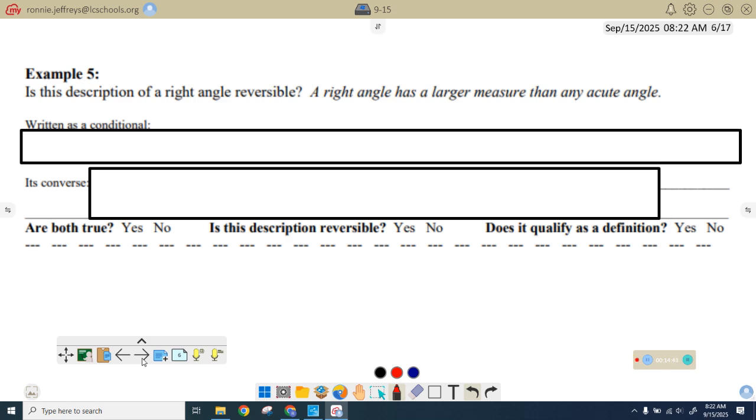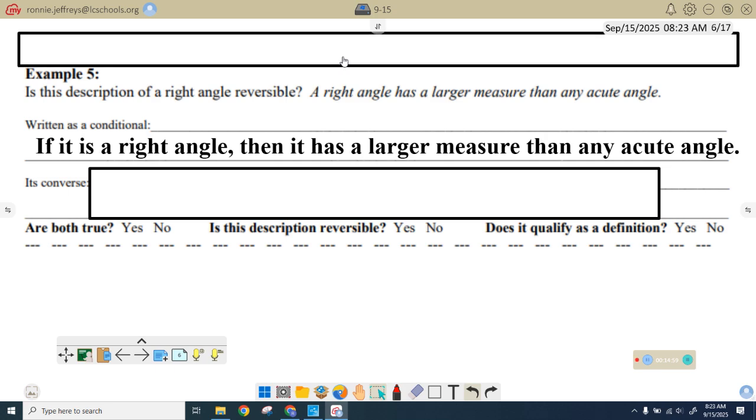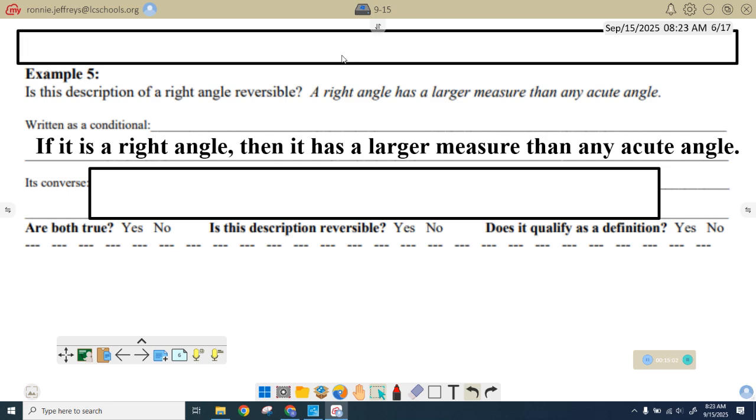Is this description of a right angle reversible? A right angle has a larger measure than any acute angle. Okay, so if we write it as a conditional, if it's a right angle, then it has a larger measure than any acute angle.